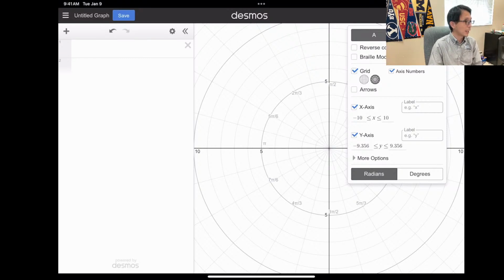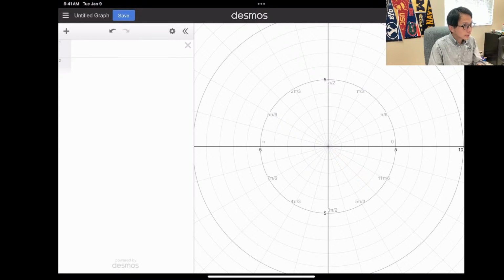I have no idea how to do that because I don't know how to use the Inspire. Oh, it's in polar. Oh, yeah. So it's R1 of theta. What is R1 of theta equal? That's the radius.